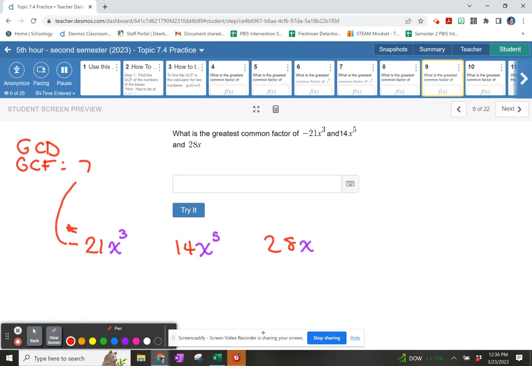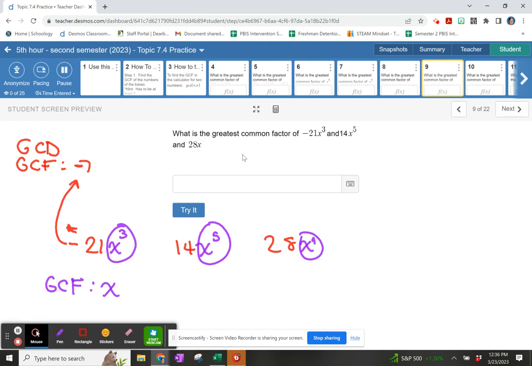But because this first term is negative, it's truly a negative 7. And then you want to look at the smallest exponent. There's really a 1 here. So it's only sharing 1x. So together, it's really negative 7x.